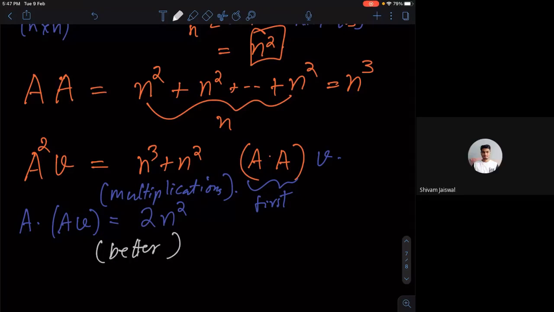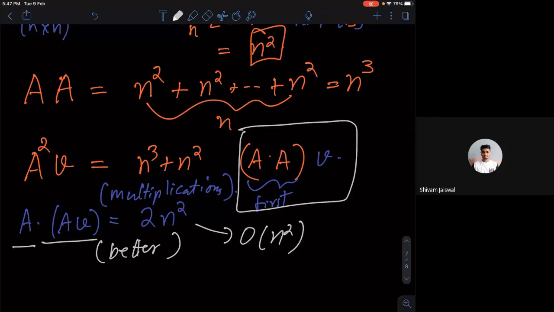So when you have to do this, it's always better to first multiply with a vector and keep on doing that. Opening the bracket like this is not a good method because that's going to give me order n cube multiplication, whereas this gives me order n square. I hope you know this notation, right? This gives me O n square multiplication, and the other gives me O n cube. So O n square is better, right?